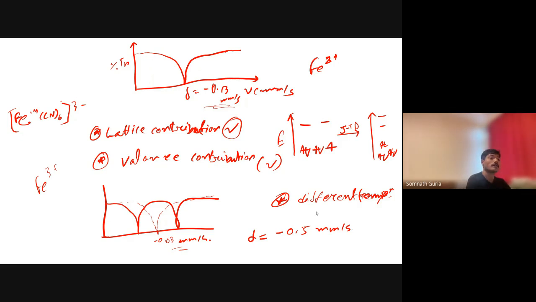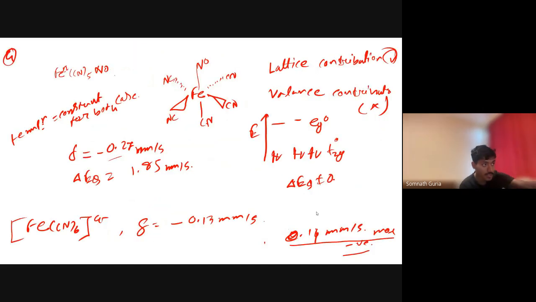Okay, and then we have the nitrosyl group. If the nitrosyl group is present, we have some data for the delta value. Where the nitrosyl group replaces cyanide, the delta value is more negative.